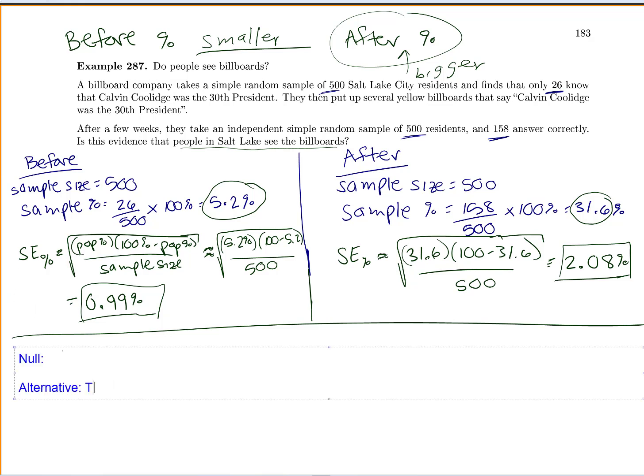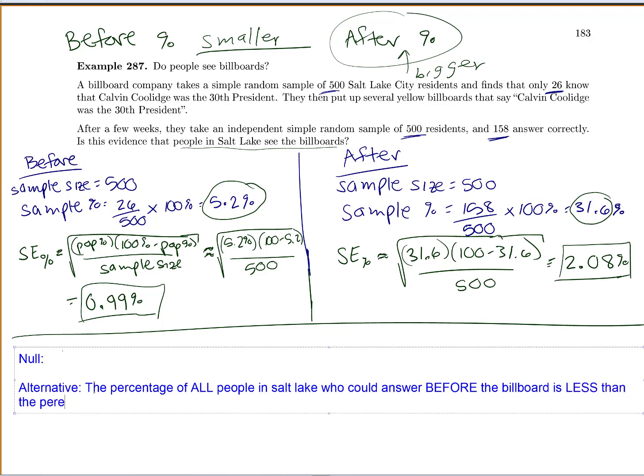So we could say something like the percentage of all people in Salt Lake who could answer before the billboard is less or smaller than the percentage that could answer after the billboard.